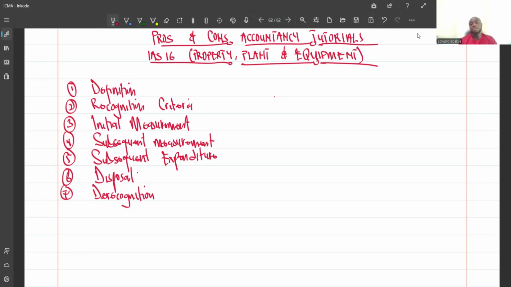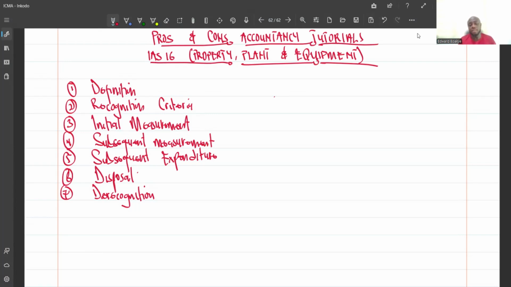So the question we ask ourselves is, what is the definition of property, plant, and equipment? When we talk about property, plant, and equipment, it's basically a tangible asset, right? Which is held and controlled by an organization for more than one accounting year. But it's not just about holding it for more than one accounting year.